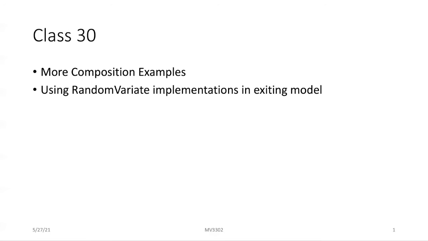Today, I'm going to finish up our module on random variate generation with a couple more composition examples. Yesterday, we introduced this second method for generating random variates. Remember, the first one was the inverse transform method.